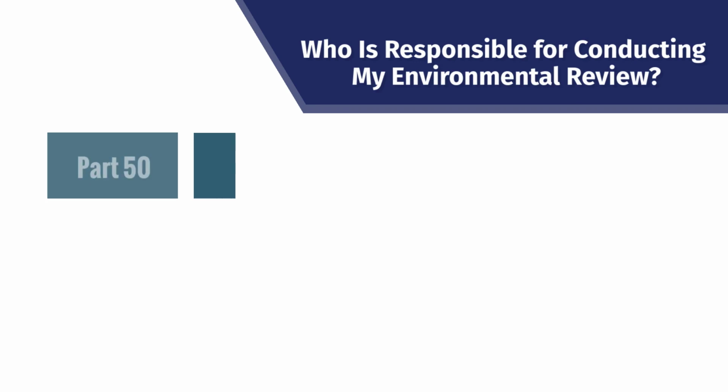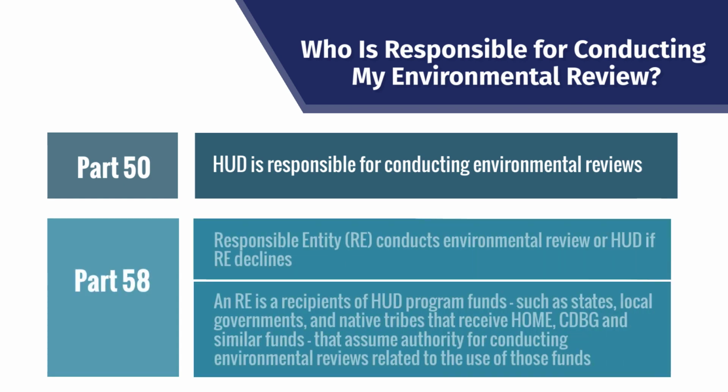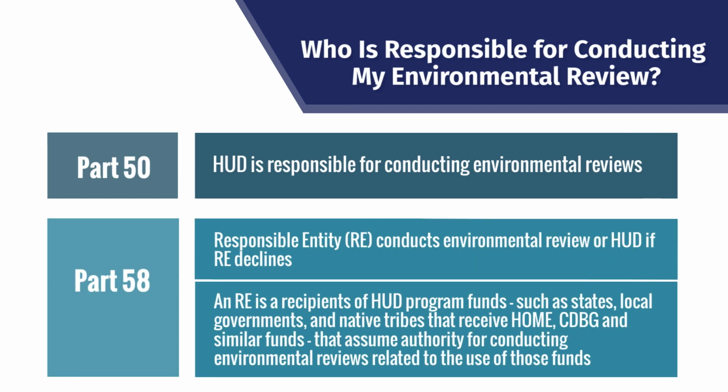HUD is responsible for conducting environmental reviews under Part 50. Part 58 allows recipients of HUD program funds, such as states, local governments, and native tribes that receive HOME, CDBG, and similar funds to assume authority for conducting environmental reviews related to the use of those funds.